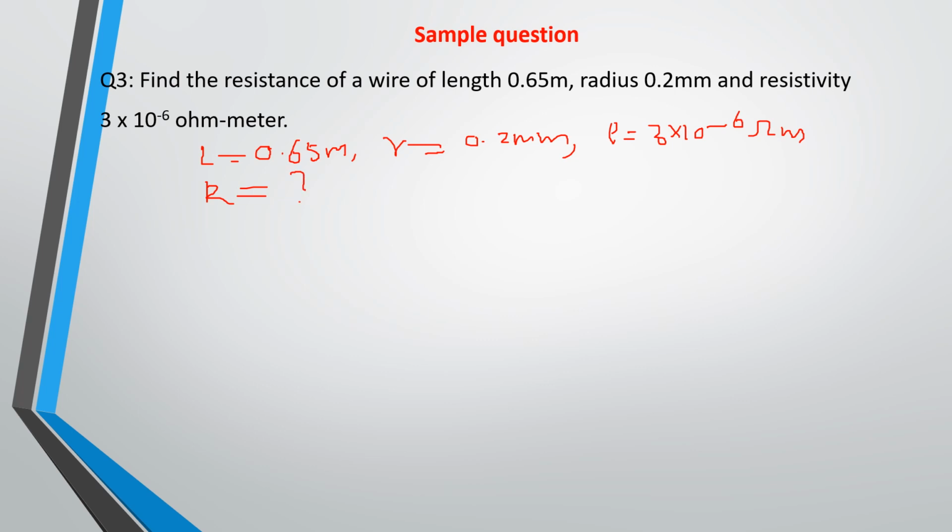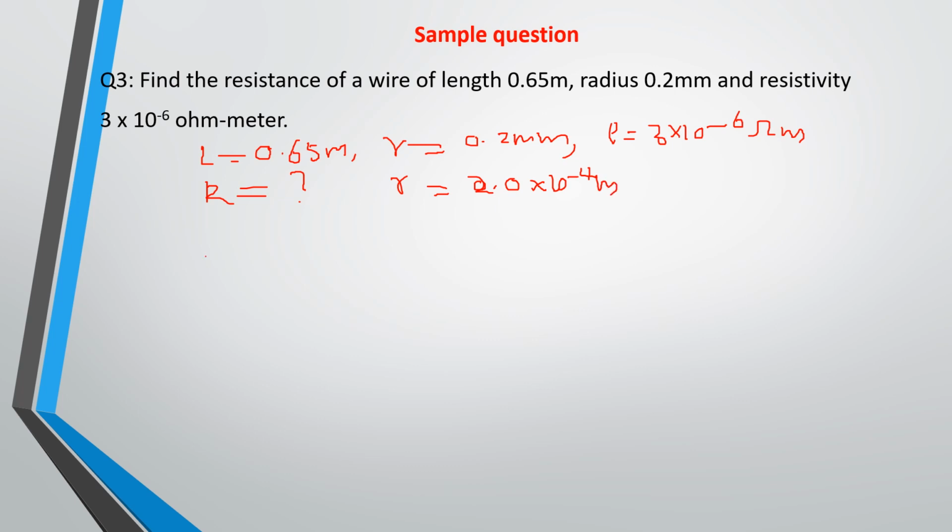That's what you don't know. Okay, so you convert this radius to meters, so this will give you 2.0 times 10 raised to the power minus 4 meters.